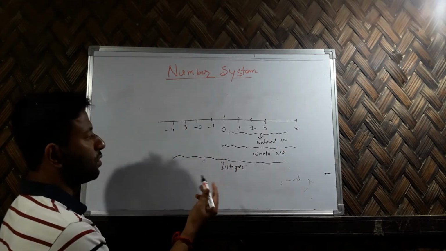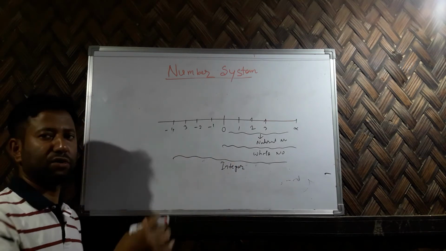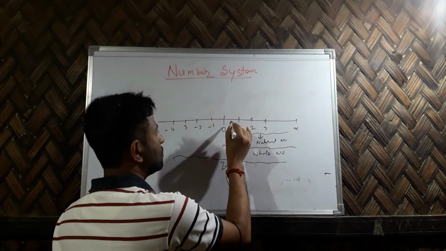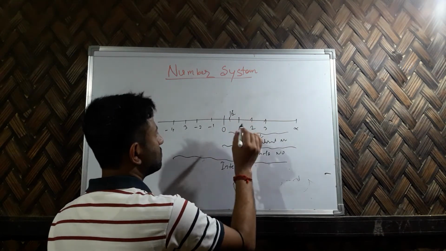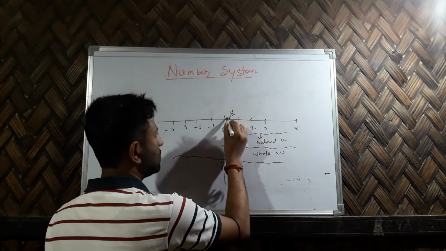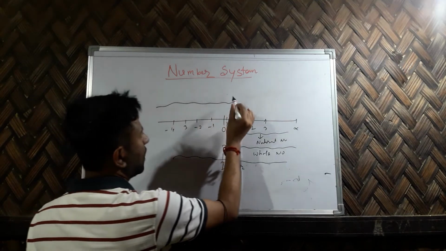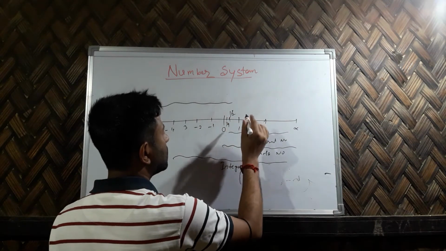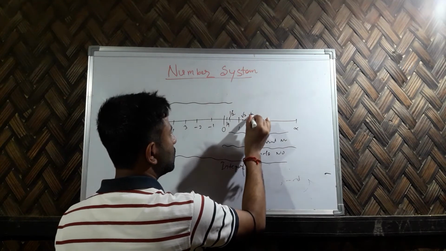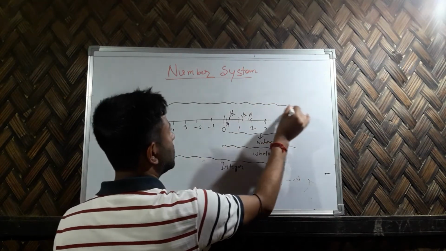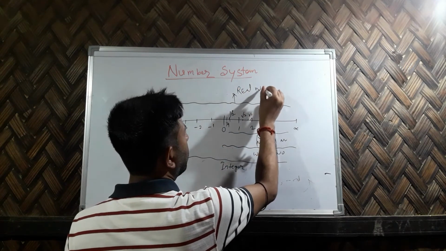And when I include rational and irrational numbers also in this part, suppose this is half, this is 1 by 4, and here I can put, suppose, root 2, root 3, then the whole thing is known as real numbers.